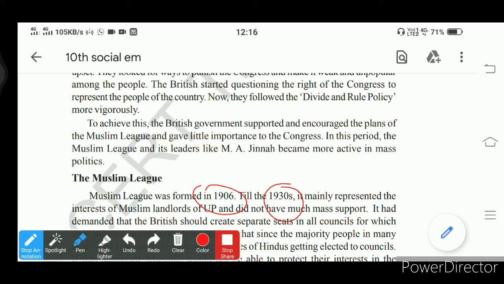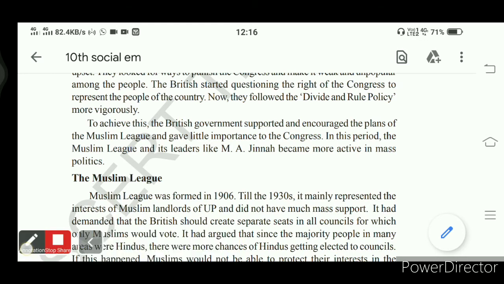This party was brought to the national level by Muhammad Ali Jinnah, who was leader of the Muslim League Party. We see that the British also decided to divide the unity of Indians by making Indians into Hindus and Muslims.